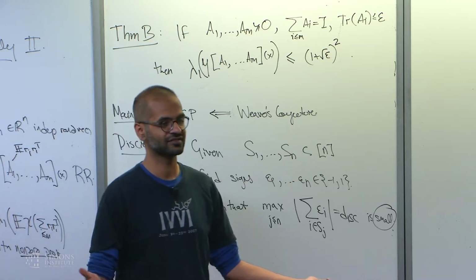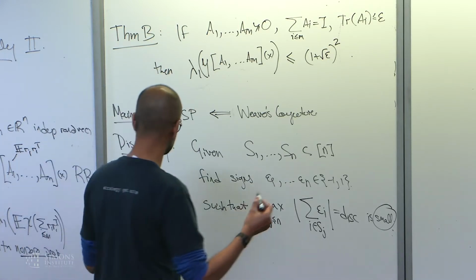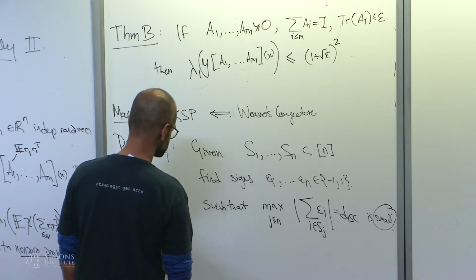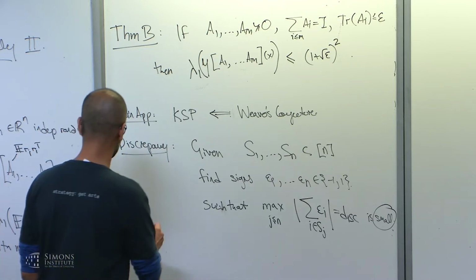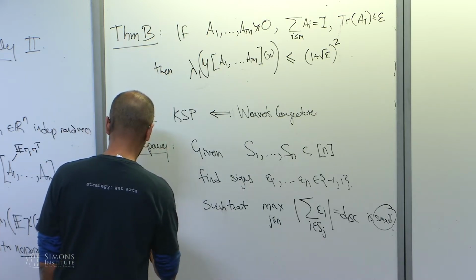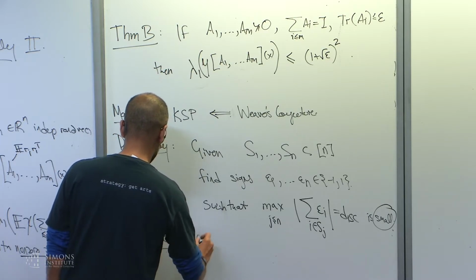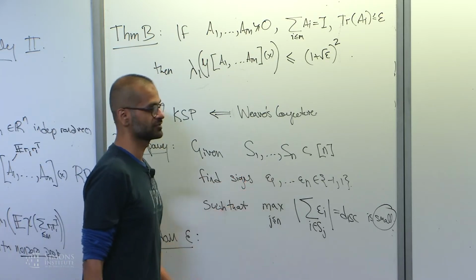If I give you an arbitrary set system, can you prove that you can always do at least some non-trivial bound? So the first thing to try is to consider a random signing. What happens if you pick random signs?